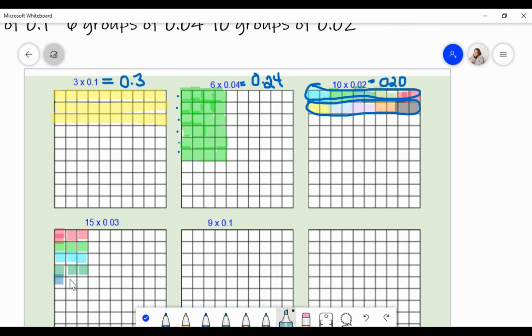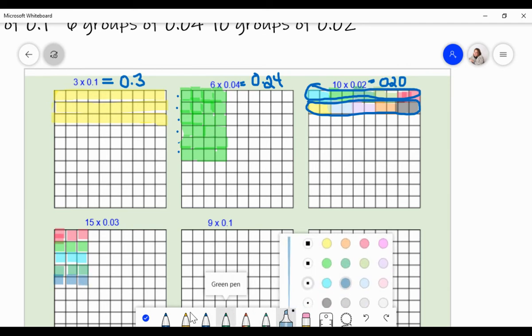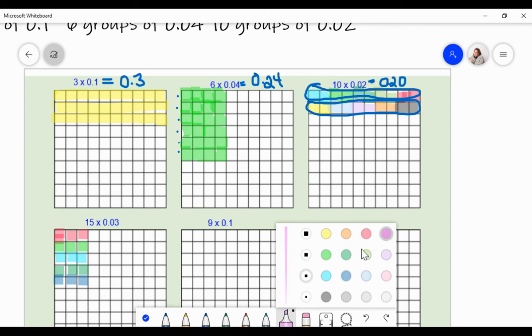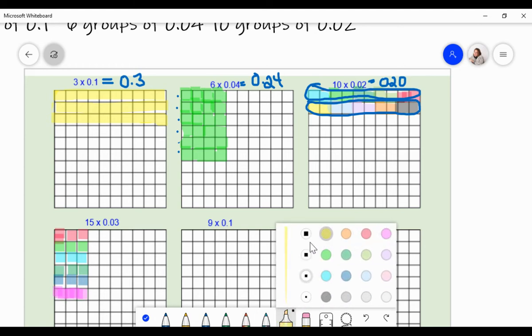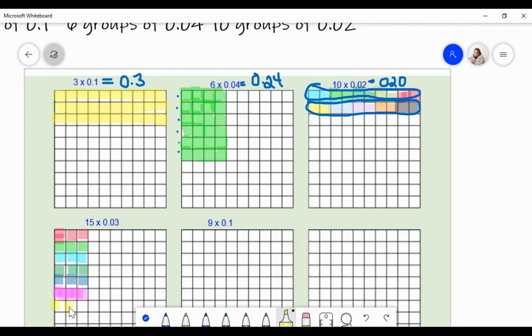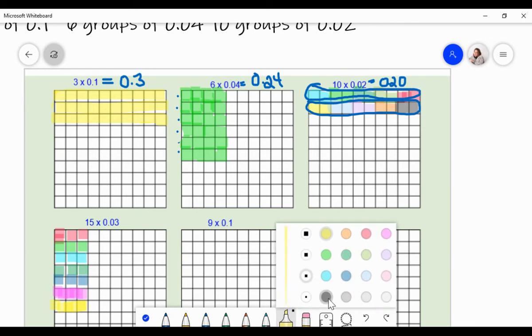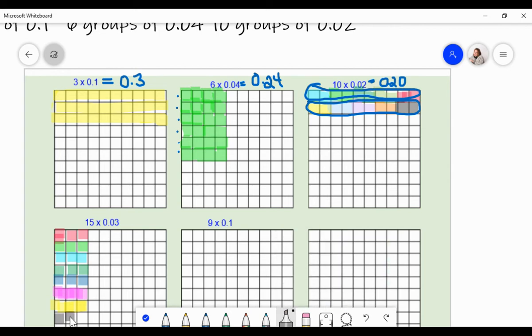And then I have 100, 200, 300, that's five groups. 100, 200, 300, so that makes it six groups. 100, 200, 300, that's how many groups now? Seven groups, right? I got to keep going. 100, 200, 300, that's eight groups.